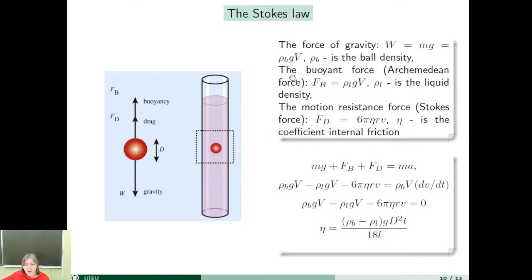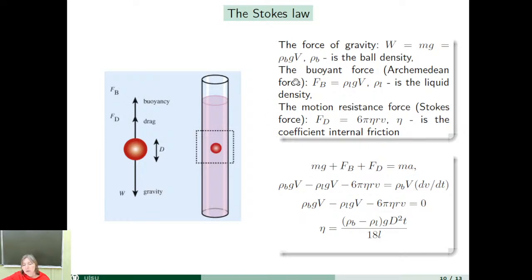First, the force of gravity, it's W. Gravity is equal to mass multiplied by free fall acceleration. And we can write mass as a product of density and volume, and this rho is the ball density.